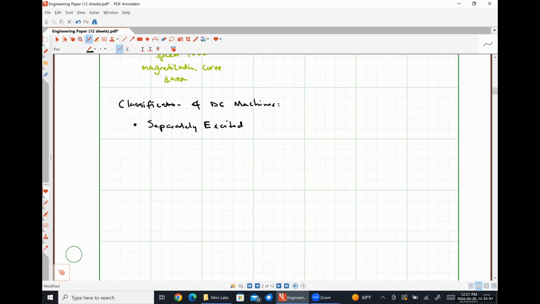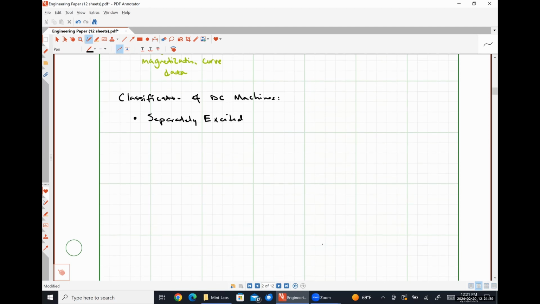Okay. So this connection is going to look something like this. We have a rheostat, and that is just a two-terminal variable resistance. This is the terminals of our field winding.